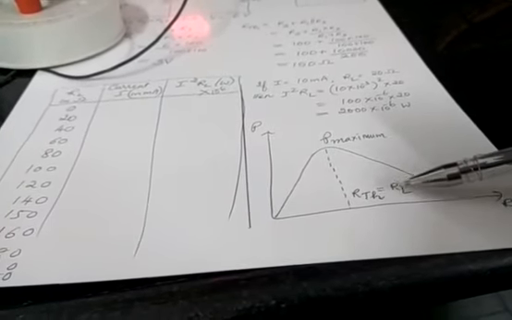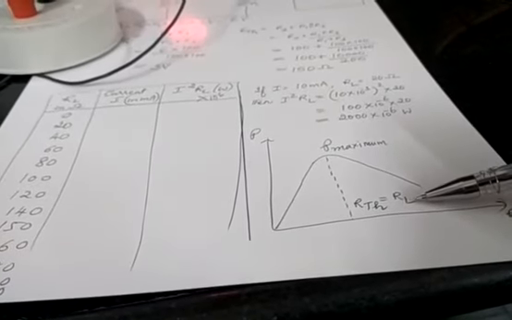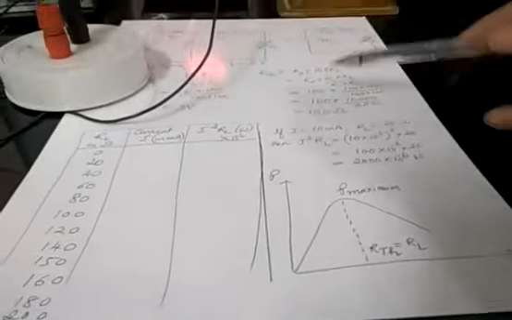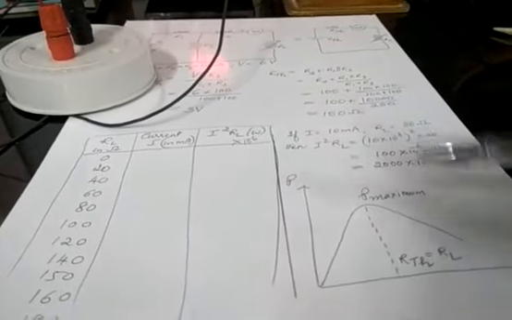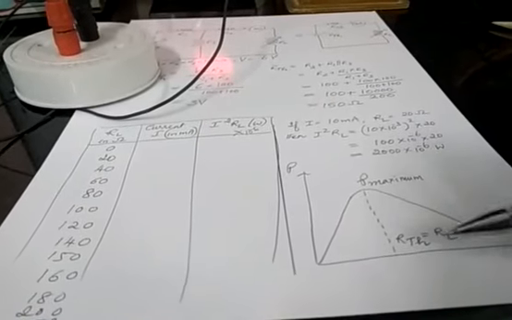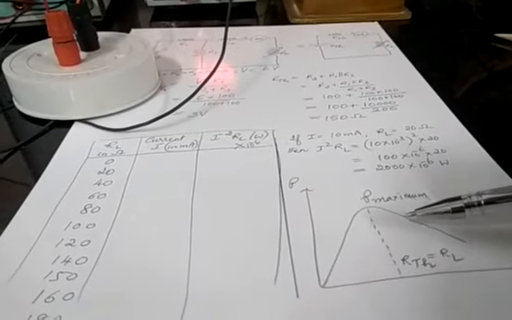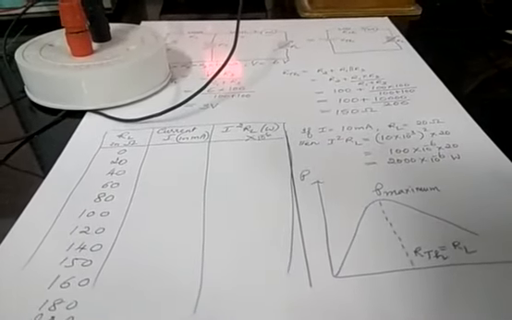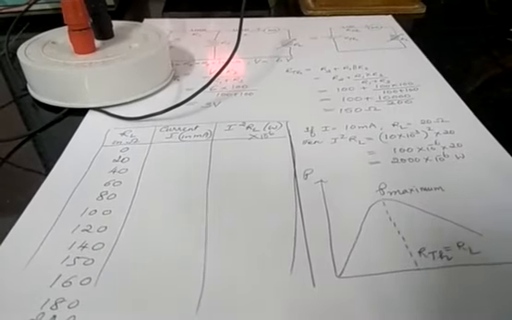The power becomes maximum when the value of RTH is equal to RL. In this case RTH has come as 150 ohm. So at the value of 150 ohm you get the maximum power.